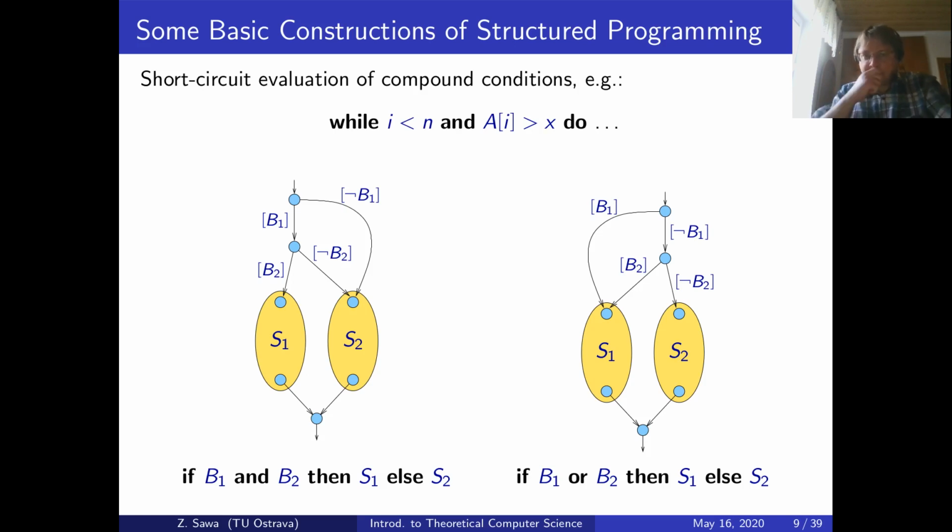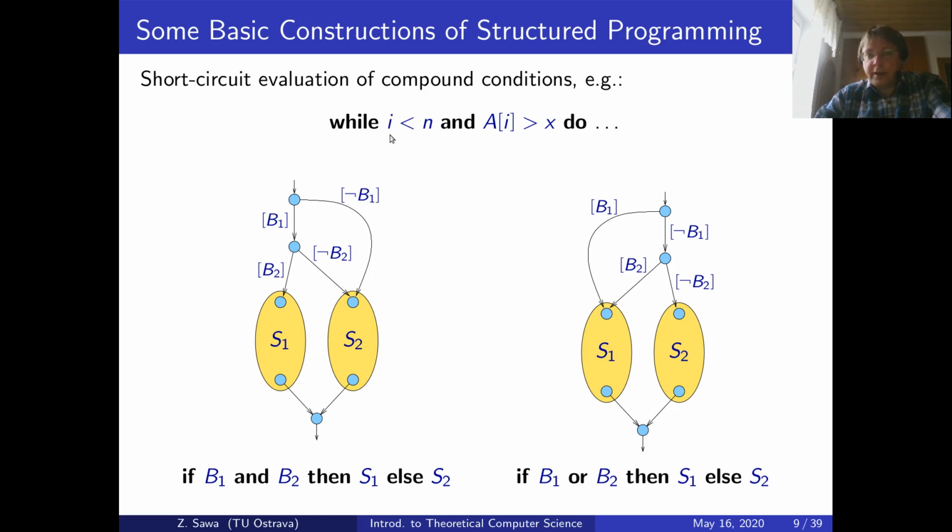When we have conditions like in ifs and whiles that use combinations of logical connectives like conjunction or disjunction, like and or or, we can use this kind of evaluation where at first we evaluate the first part of the condition.